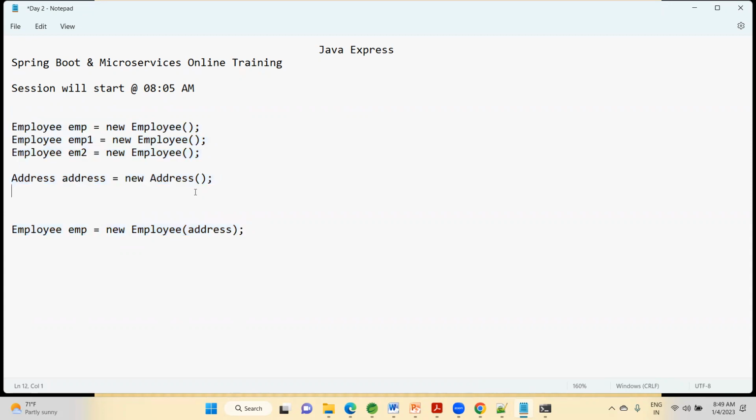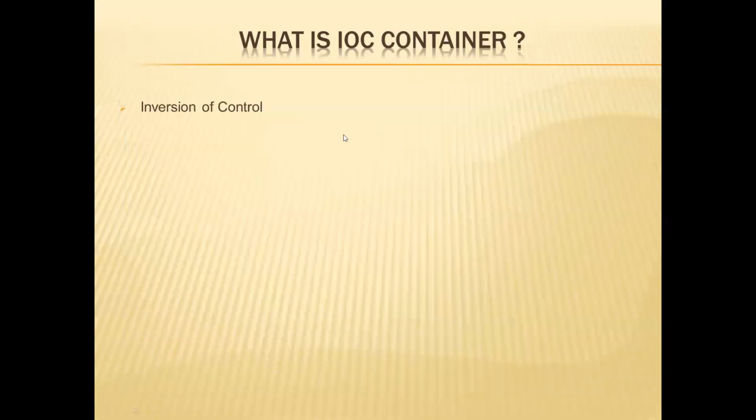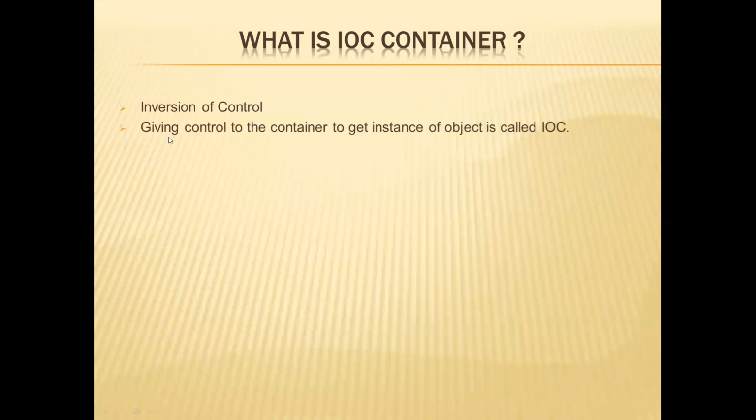Now as a programmer, you are writing these lines of statements. But if you use the Spring framework IOC container, we give control to the container to get an instance of the object, to retrieve the object from the container level. Inside a JVM, you can create any number of IOC containers, but you use only one.